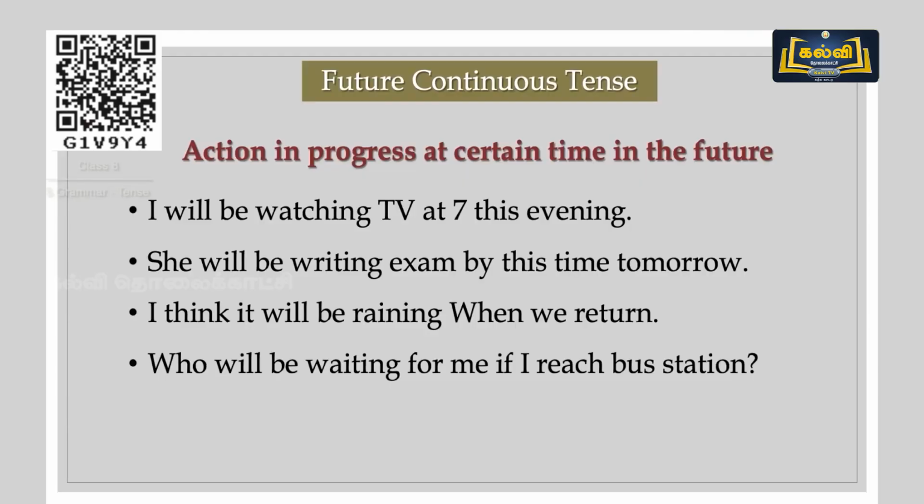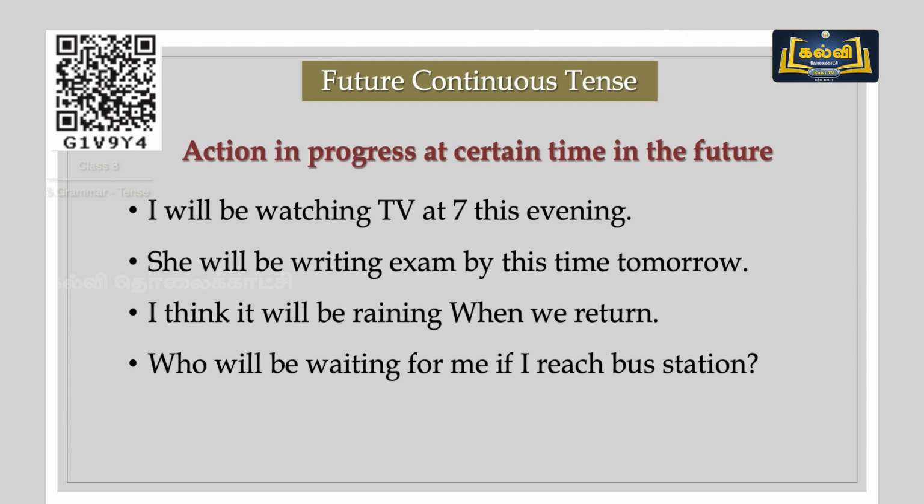And please remember the form and the usage. So let us look at some examples. Look at the screen. I will be watching TV at 7 this evening. She will be writing exam by this time tomorrow. I think it will be raining when we return. Who will be waiting for me if I reach bus station? So if you look at these examples, you can clearly understand the difference of time.